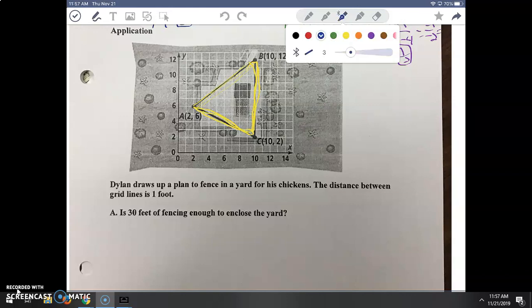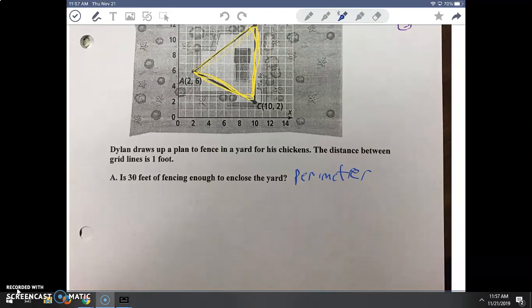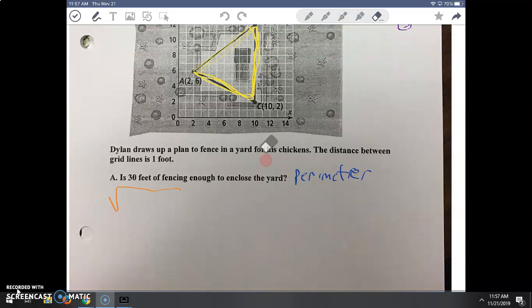So we need to find the perimeter of this, which means you would add up all of the sides. In order to add up the sides, we need to know what the sides are. In order to figure out what those sides are, we have to find the length of them. In order to find the length of them, you have to find the distance, which then you'd use the distance formula. So in this particular problem, it would be distance formula.